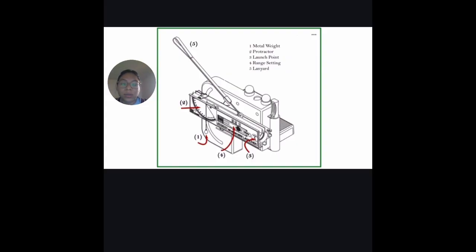We always set it to the second level, and that's how we started our experiment. That also showed like a range setting. The deeper in, the farther or the more powerful the launch would be. And then our lanyard was just the string that we used to pull to launch the steel ball.